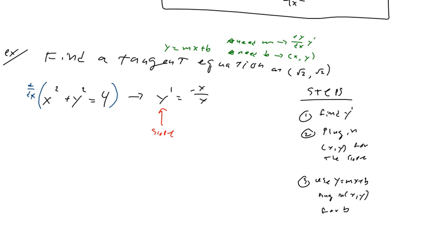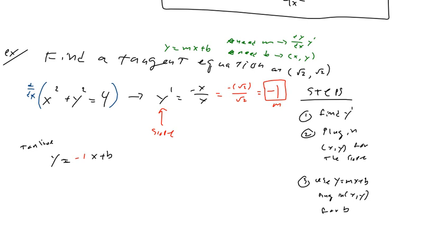So we found y prime. I'm going to plug in x and y. This means I'm going to get the slope equal to negative square root 2 over square root 2, which is equal to negative 1. So that's my m. Got y equals negative 1x plus b for my tangent equation. Y equals mx plus b, I'm going to plug in root 2, root 2.